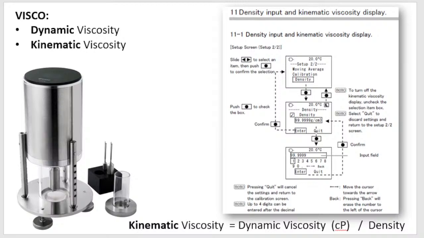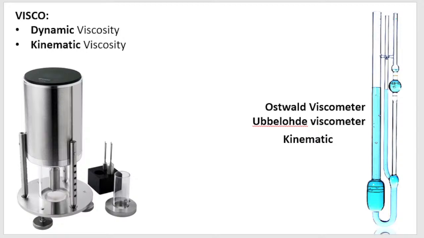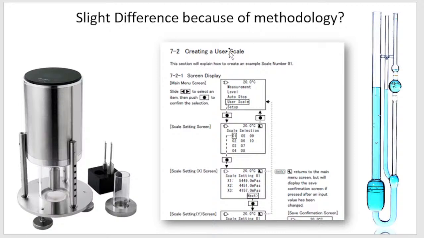Okay, and if for some reason the reading is slightly off, because this is through gravity and this is through rotational spindles, maybe there's a little difference, then you can use the user scale, where you can bring the measurement of this closer to this. Okay? And this is how you can use the Visco for metalworking.